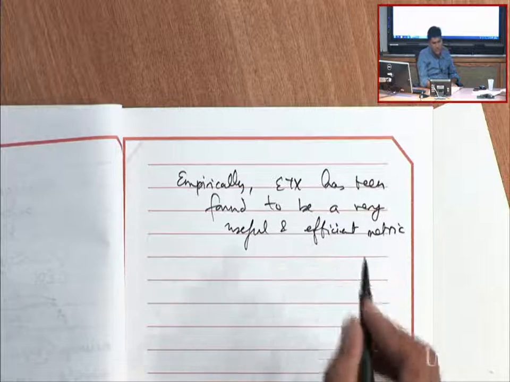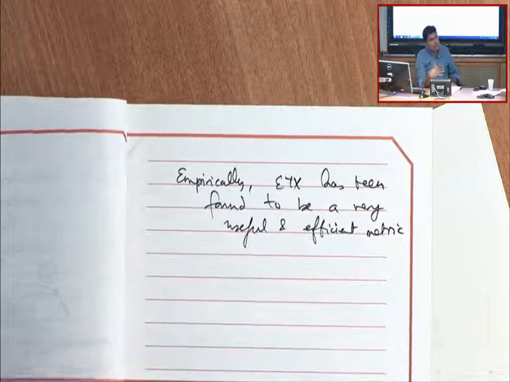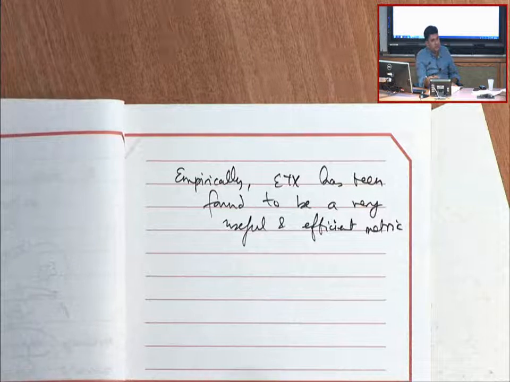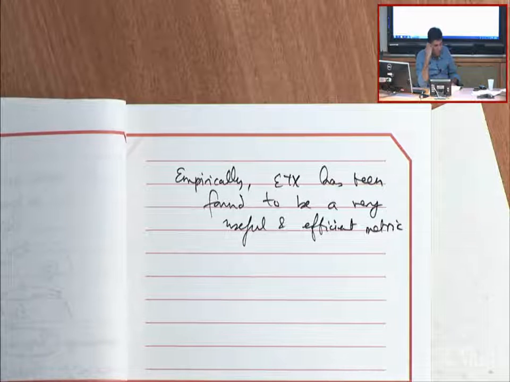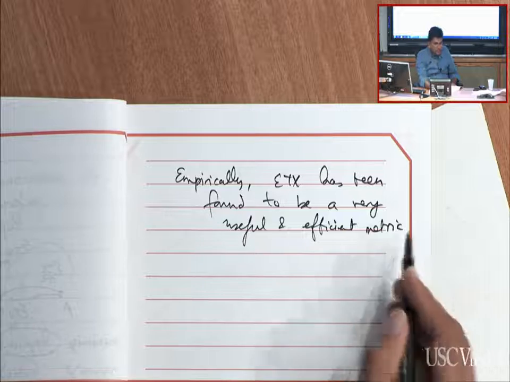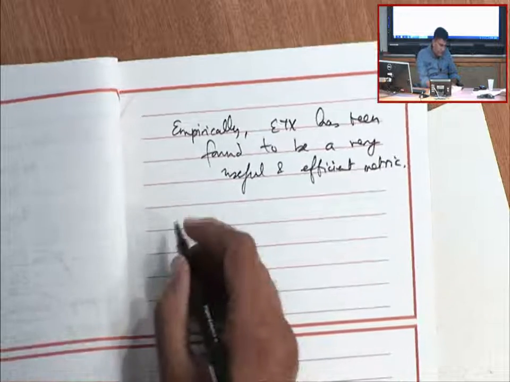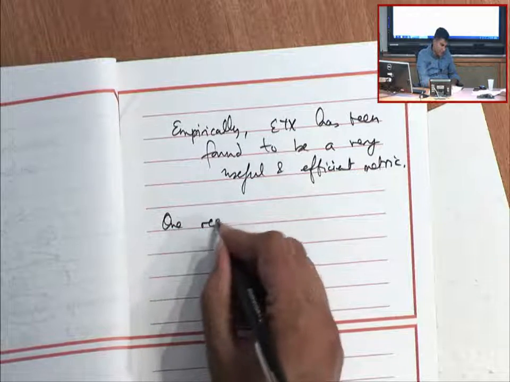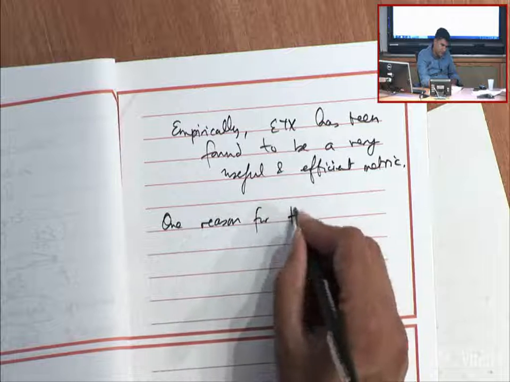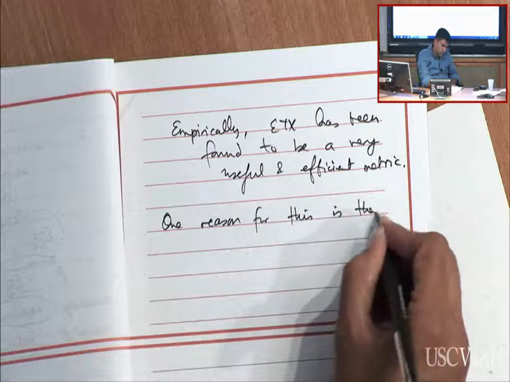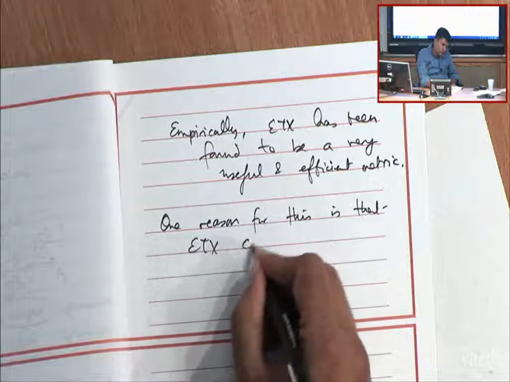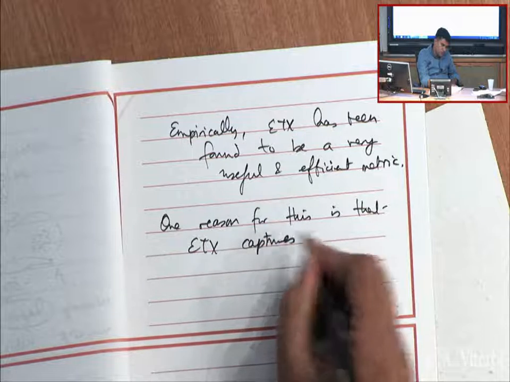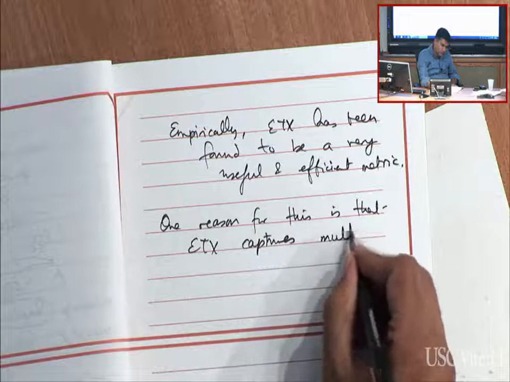I guess by efficient, I'm really saying that the network you end up creating using this metric is very efficient, tends not to lose a lot of packets or incur a lot of energy. One reason for this is that ETX captures multiple objectives.